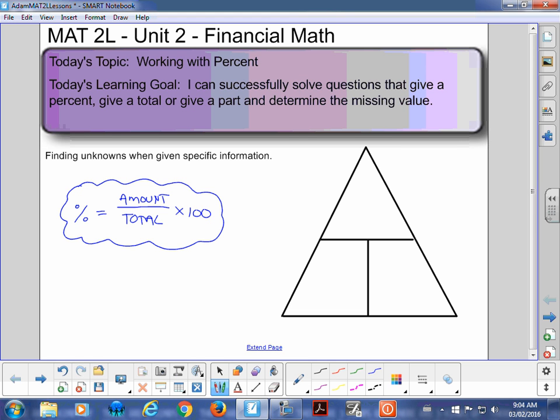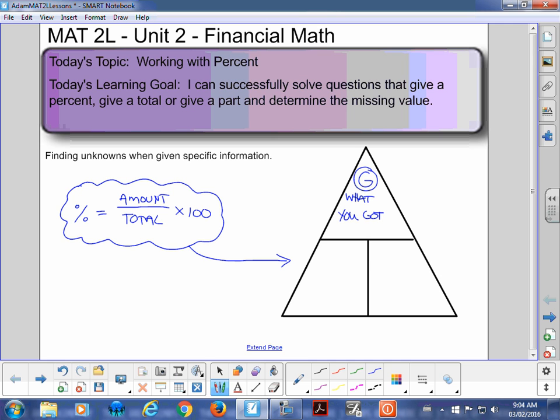That formula can get complicated if we have to rearrange it. So I've come up with a general triangle to help you with your operations. In the top of this triangle, we're going to write what you got. So if you got 15 out of 30, or 70 out of 100, instead of writing that every time, I'm going to use the letter G in that part of the triangle.